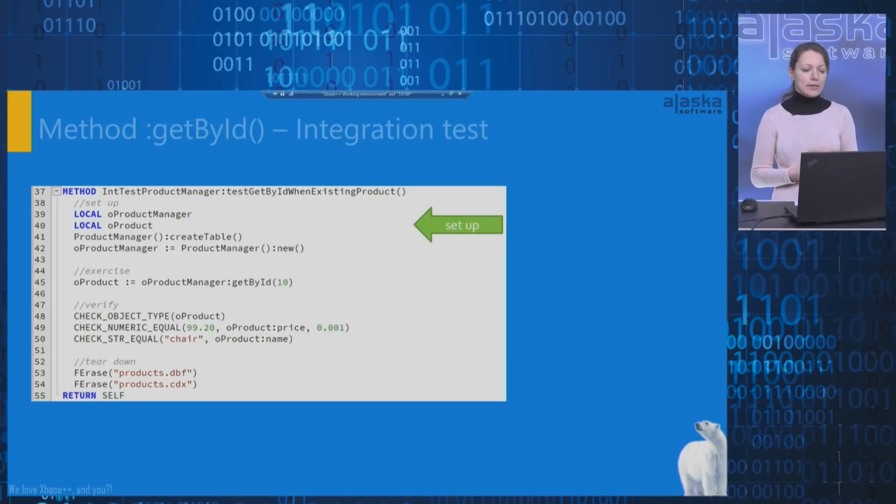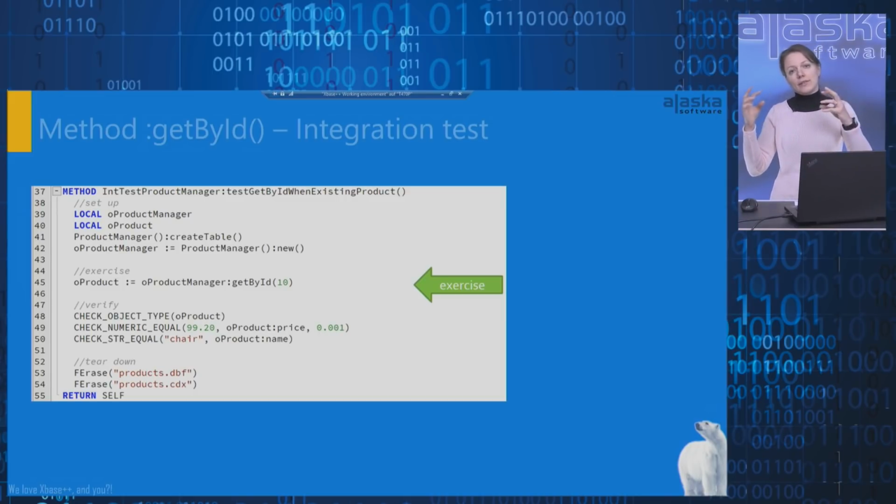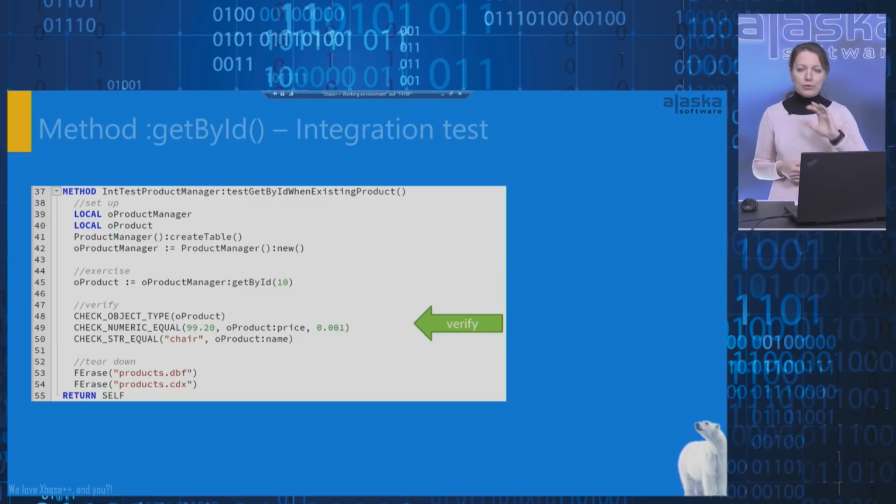First, I create the table products and fill it, and then I create a new instance of the class Product Manager. In the phase exercise, I call the method getById with the parameter 10. In the previous phase, I created and filled the table, and I know there is a record with the ID 10. And I would like to get it.